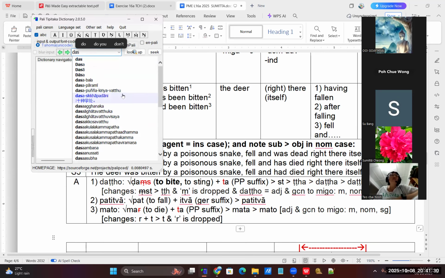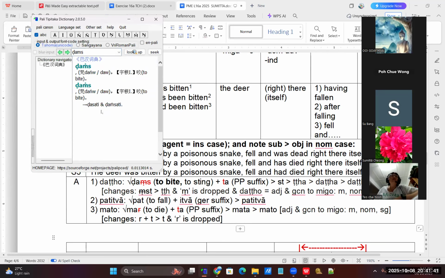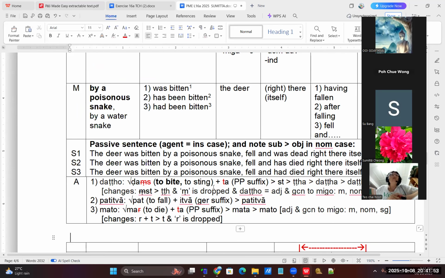In my summary, I got item 16. Show two. DAS. DAMS. Das. But I think it's possible you have the das also. Das or dams. But is it the second conjugation sign? Yes. I remember item 16.